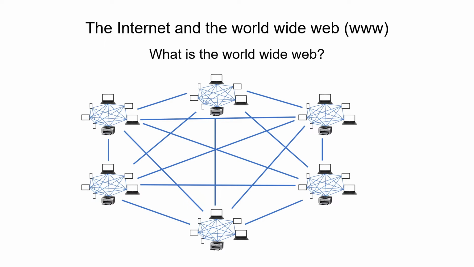This then forms a network of these documents and resources from all around the world. Again, with these documents interlinking to each other through these links, which are known as hyperlinks. This network of these documents, which are interlinked together with these resources, all having unique identifiers, is known as the World Wide Web.